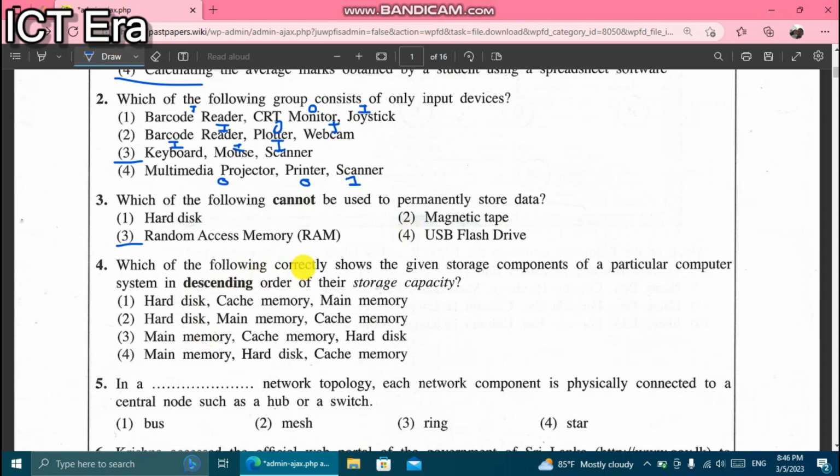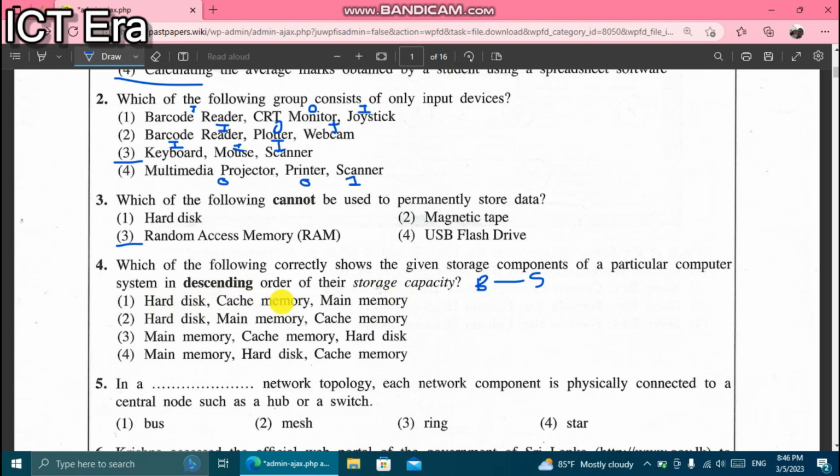Fourth question, which of the following correctly shows the given storage components of a particular computer system in descending order of their storage capacity? Descending order means big to small. Now first one, hard disk, cache memory and main memory.